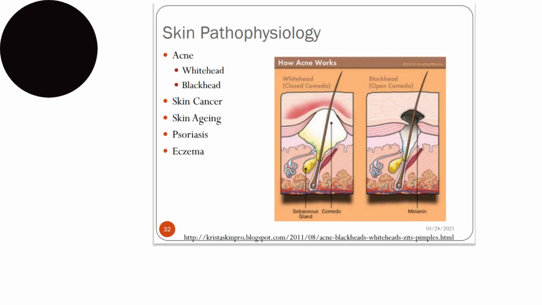And last but not least, maybe a little bit on skin pathophysiology. Acne is the famous skin problem faced by teenagers, especially. Acne can be divided into two: whitehead and blackhead.